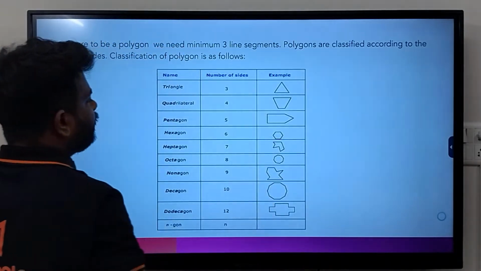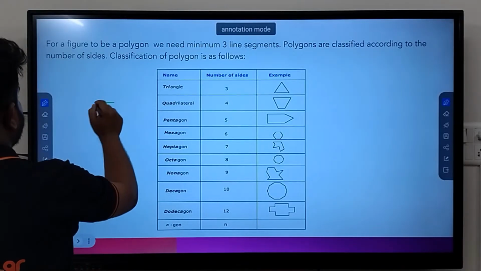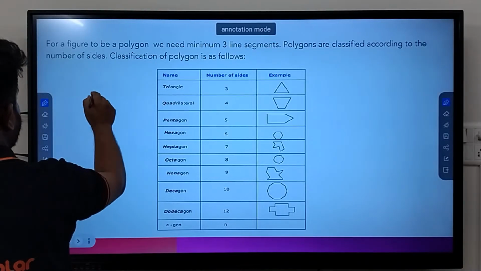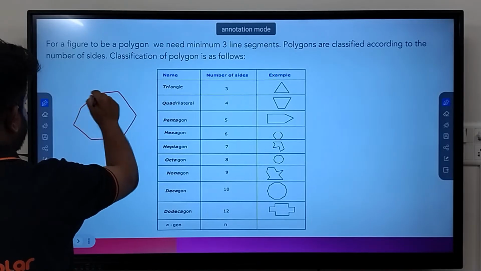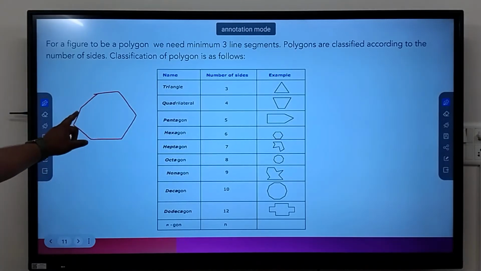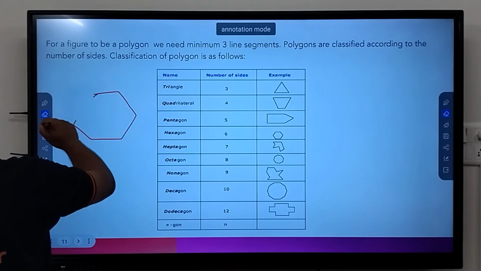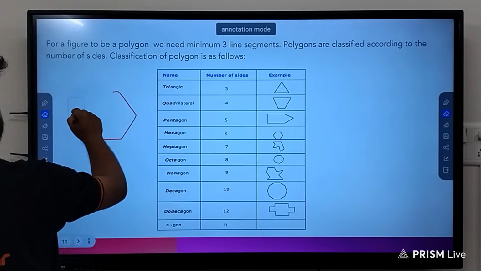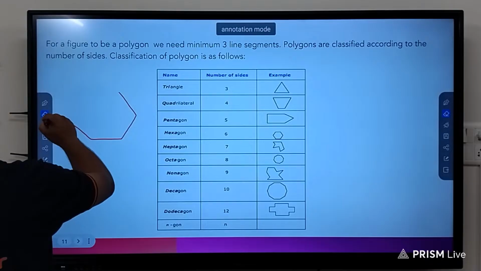Look at this, they have drawn it like this, and we already showed that a heptagon can be like this: 1, 2, 3, 4, 5, 6, 7. This can be like this. One, two, three, 4.